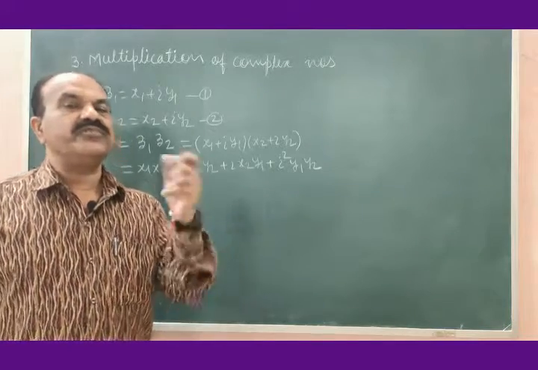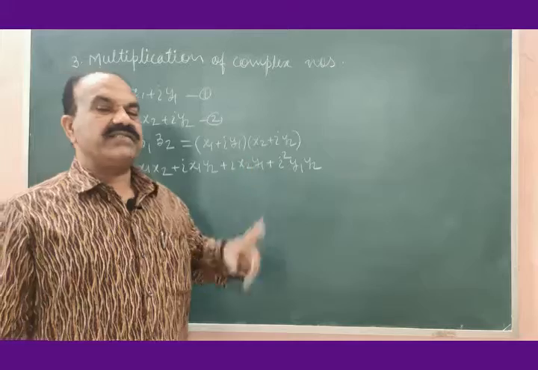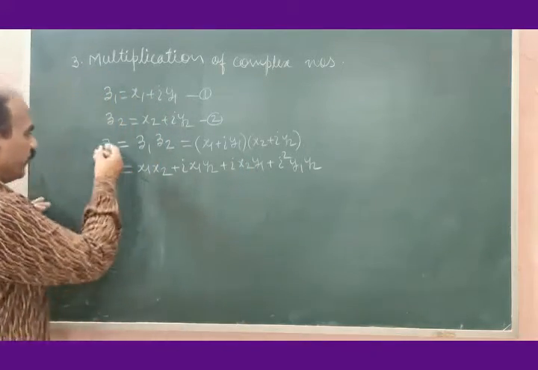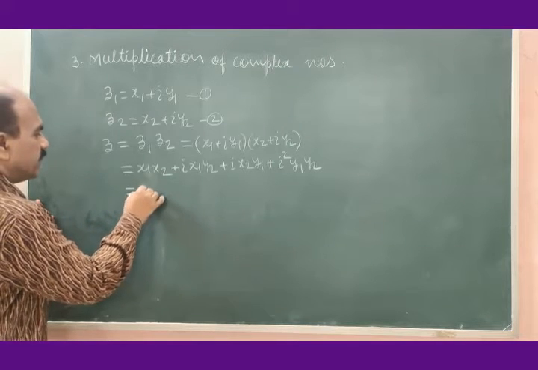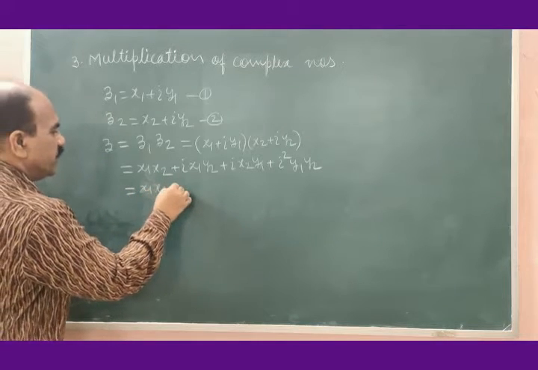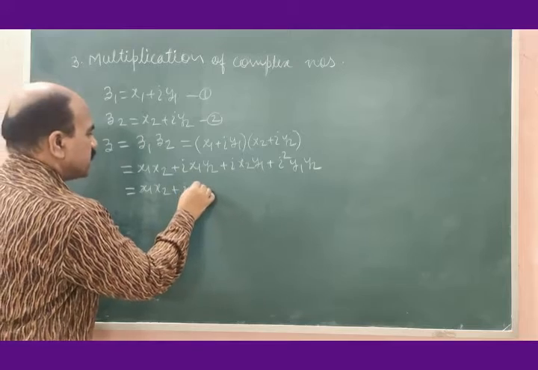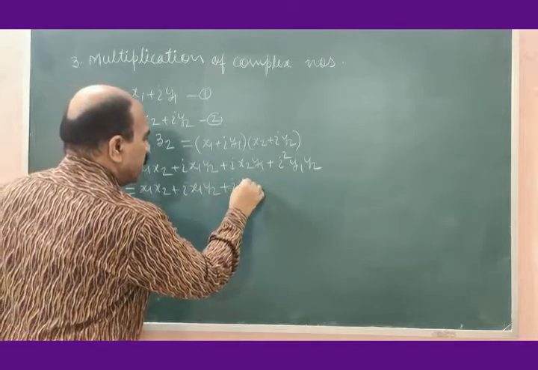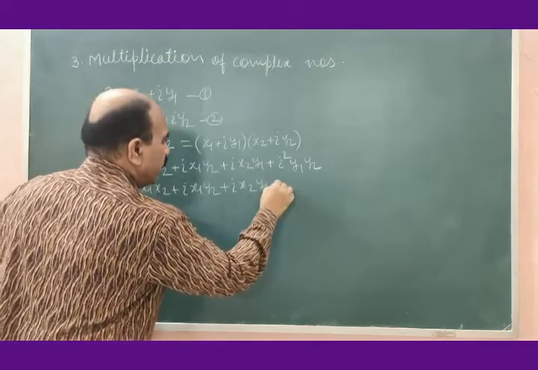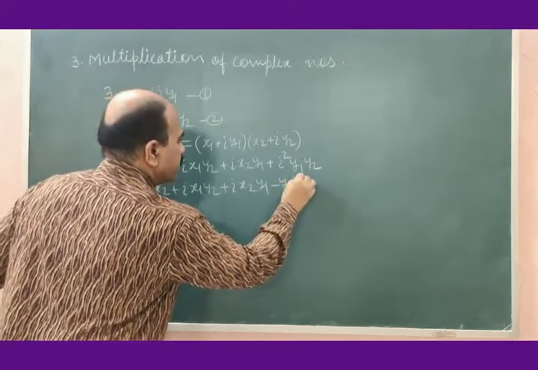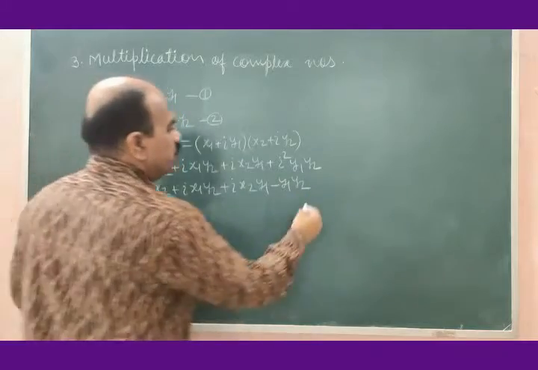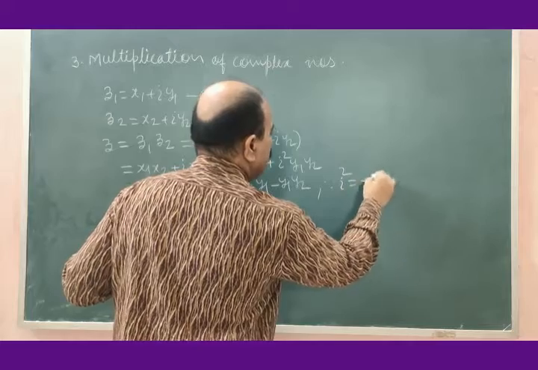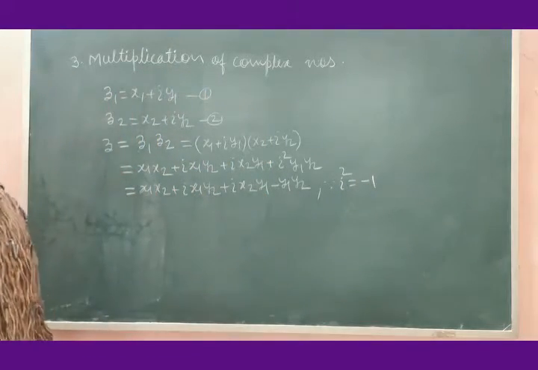I is square root of minus 1. What is I square? It will be simply minus 1, and therefore this will be x1 x2 plus I x1 y2 plus I x2 y1 minus y1 y2. Reason is I square is equal to minus 1.